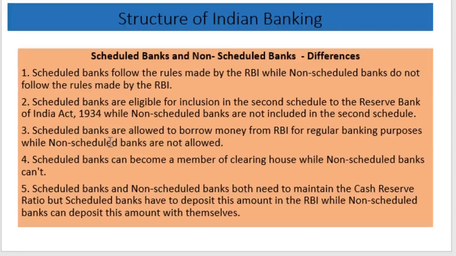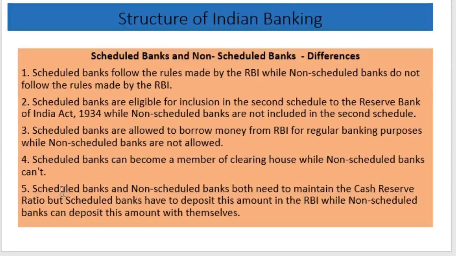Third difference is that scheduled banks are allowed to borrow money from RBI, whereas non-scheduled banks are not allowed to borrow from RBI. Scheduled banks will be a member of the clearing house of RBI, while non-scheduled banks cannot be a member of the clearing house of RBI.